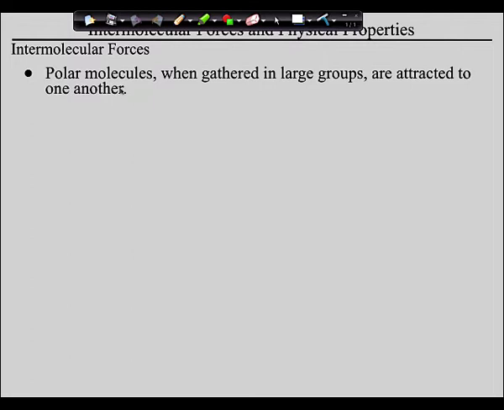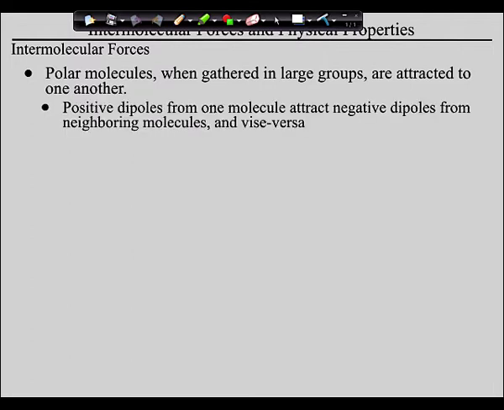They have a positive dipole and a negative dipole. But just like magnets, they attract each other. So the idea is that the positive dipole from one molecule attracts the negative dipole of another molecule, and vice versa, and they all stick together, and that influences the way they behave.